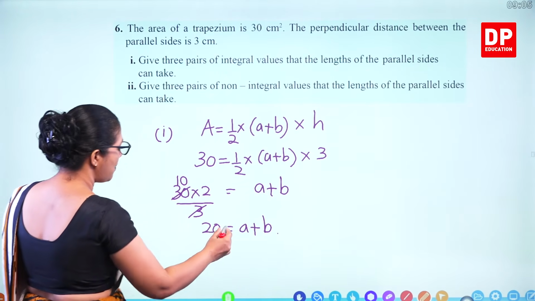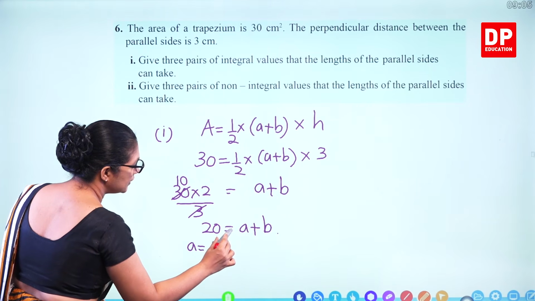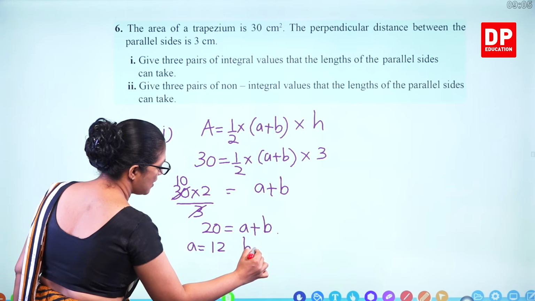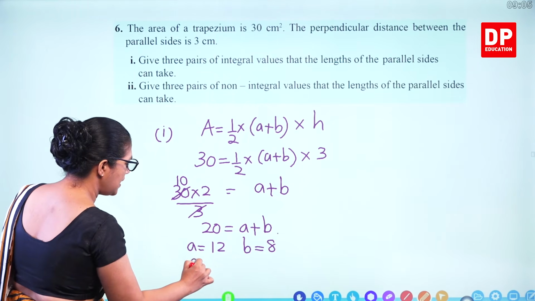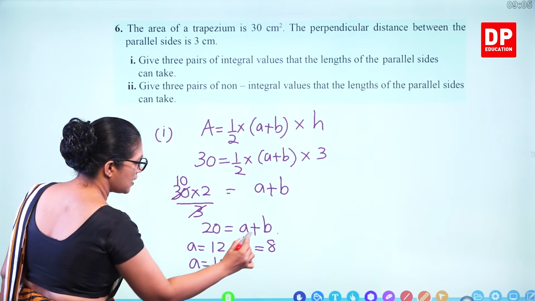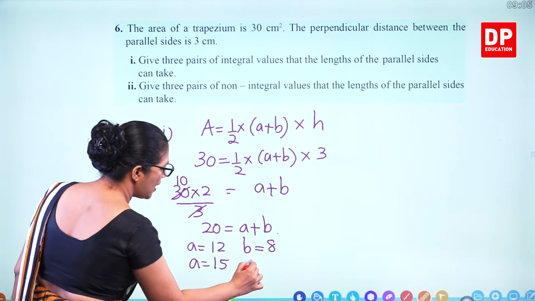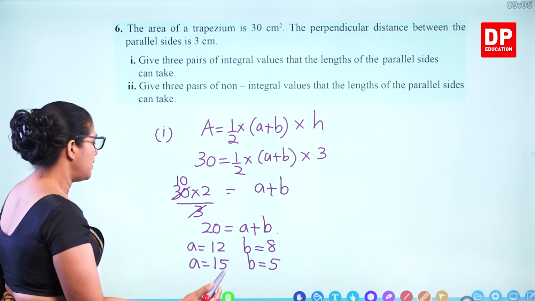So length can be, if it's 12, the other length is 8. If it's 15, this length is 5. So the sum should be 20. And we'll give another one.